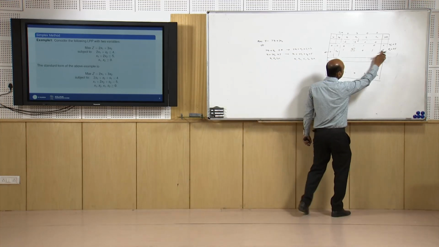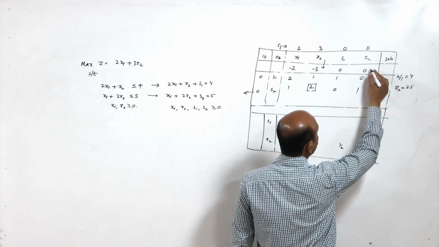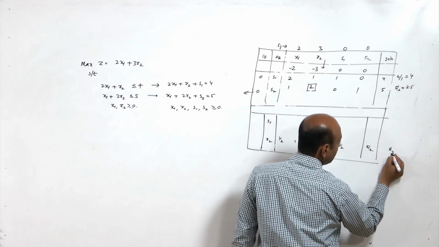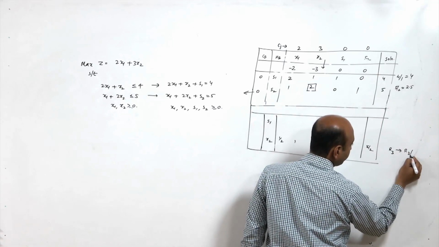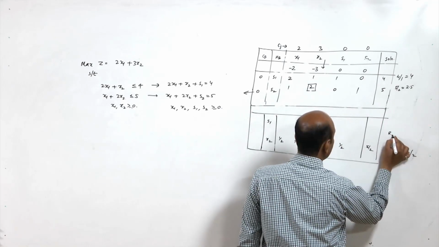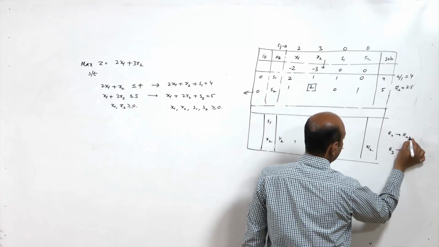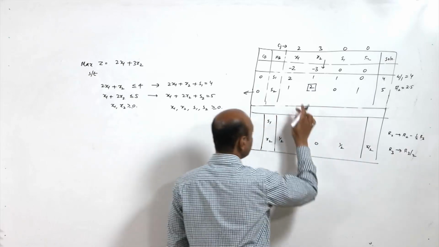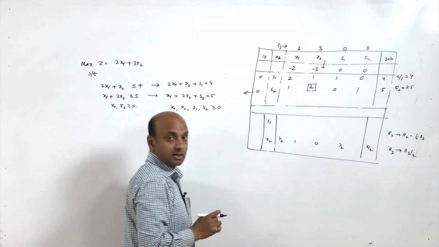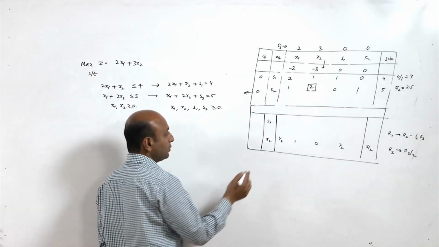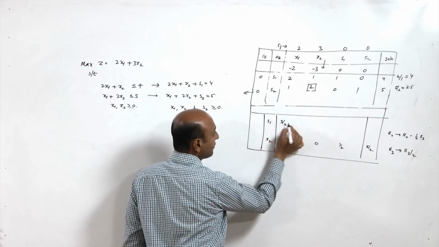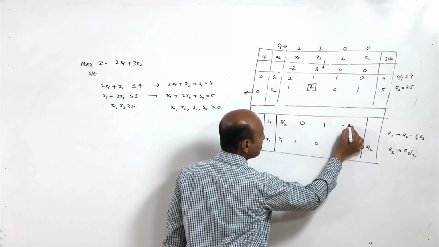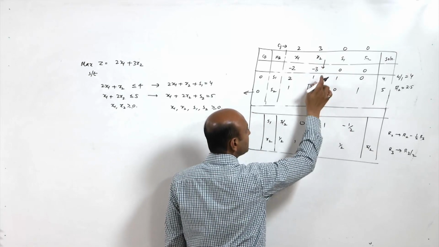You divide by 2 here, that is if it is R1, R2, R3, you replace R3 by R3 divided by 2, and in R2 you take R2 minus 1 by 2 of R3. This minus half of this, this minus half of this is 3 by 2, this minus half of this is 0, this minus half of this is 1, this is minus half, and this plus 3 by 2 times this.